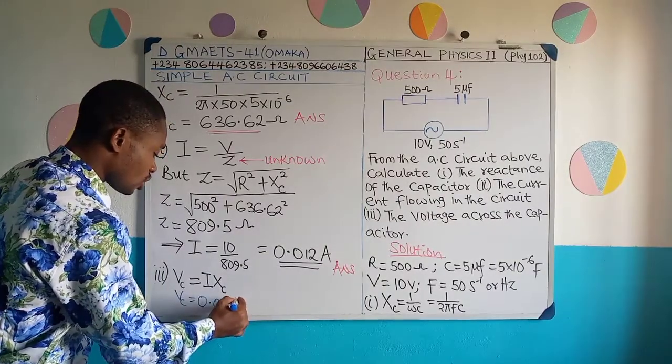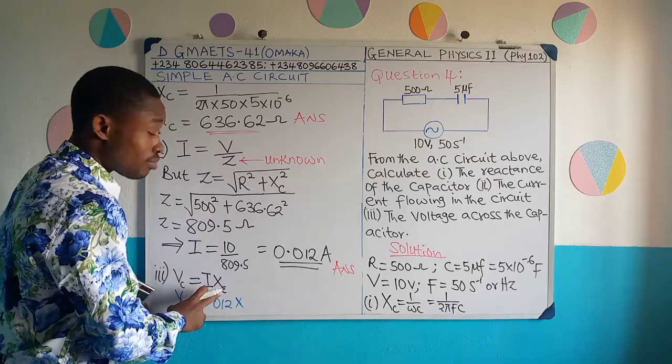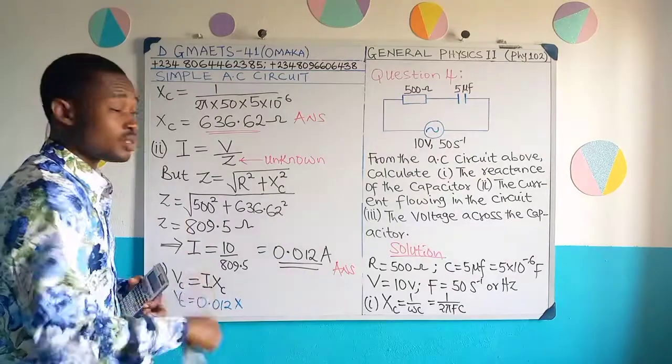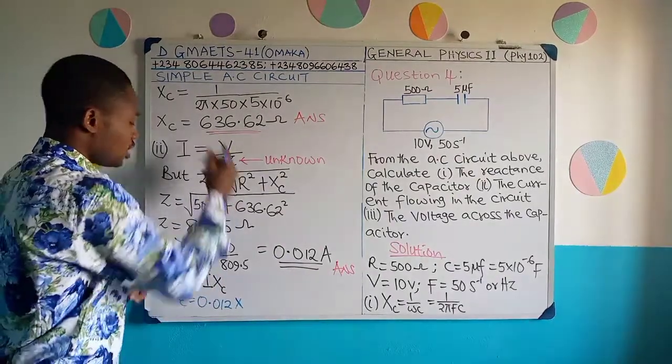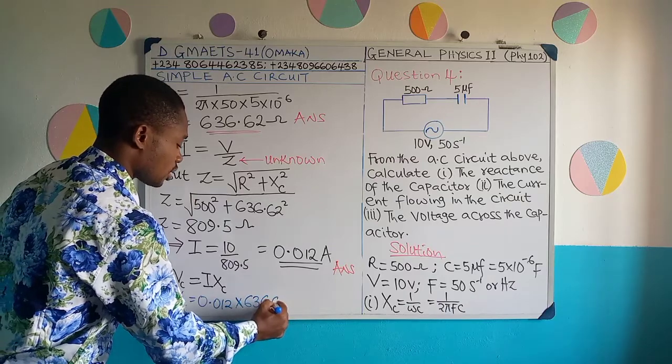Now, coming back to the voltage across the capacitor: current in the circuit multiplied by the capacitive reactance, and the capacitive reactance, before now, we obtained it to be 636.62.